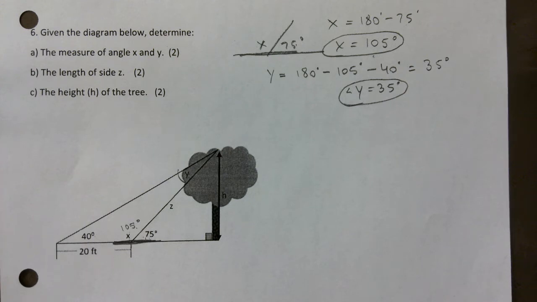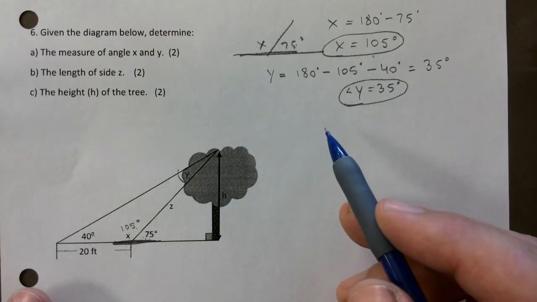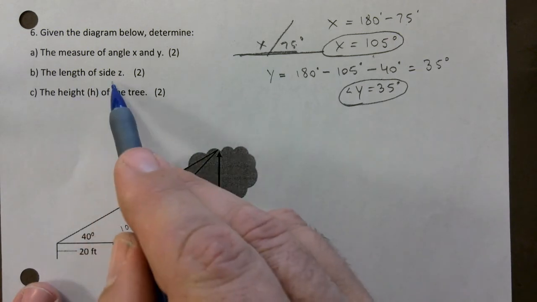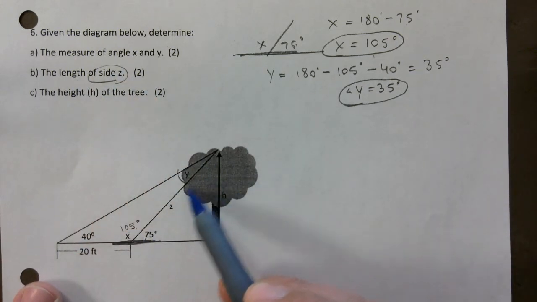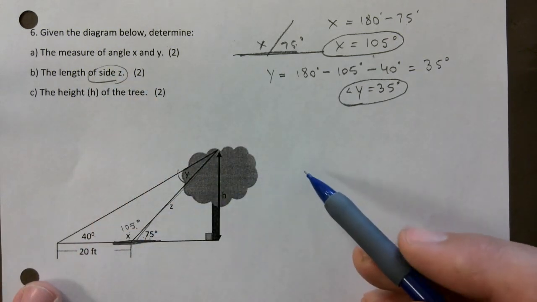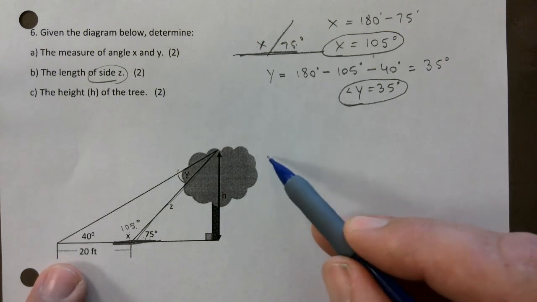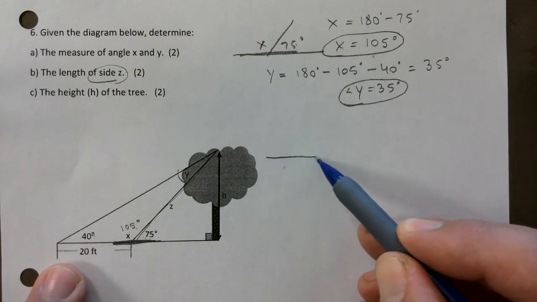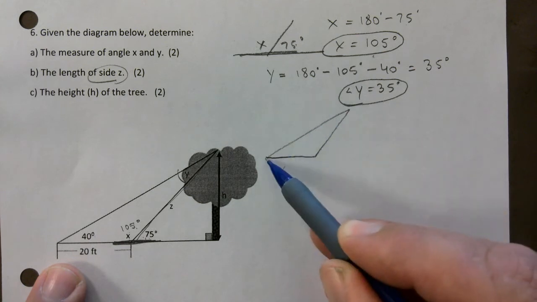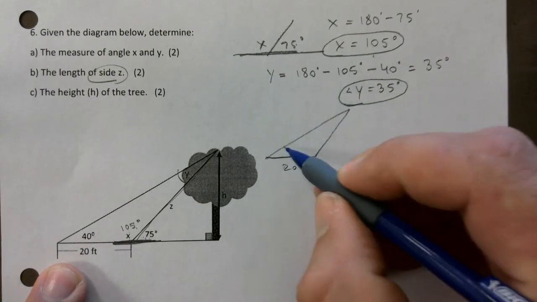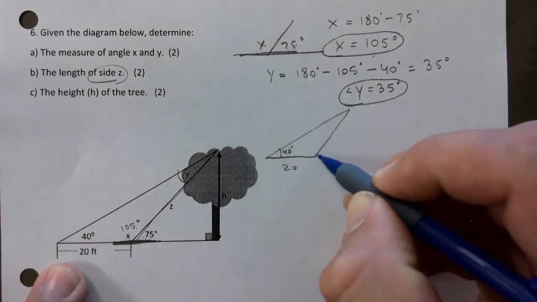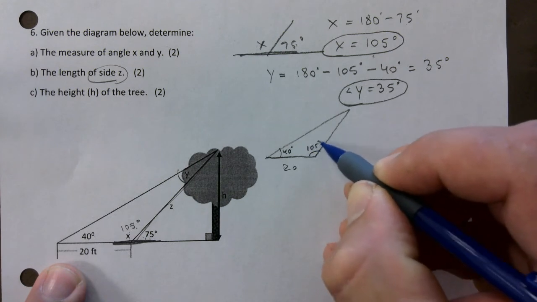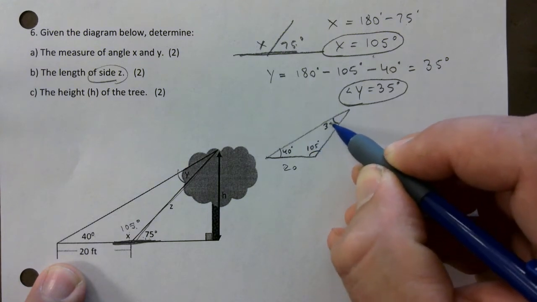Okay. And now we have the length of side z. So they want this one here. And what I will do is this. Watch. I'm just going to draw this quickly. It doesn't take that long. Right? And then you have the 20 here. This is 40. This is 105. This up top here is 35.